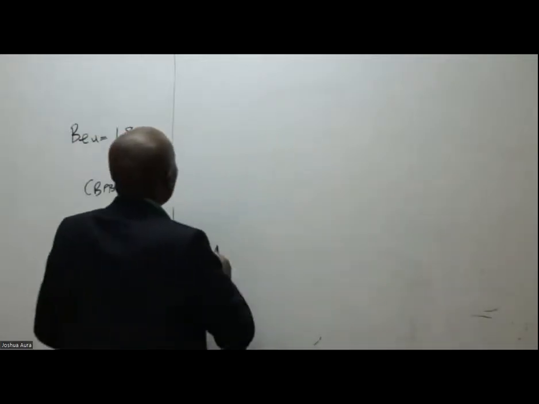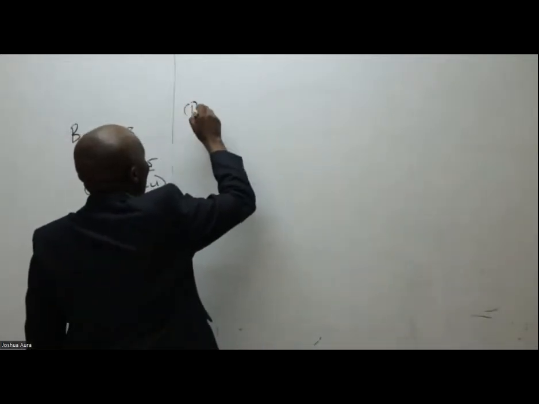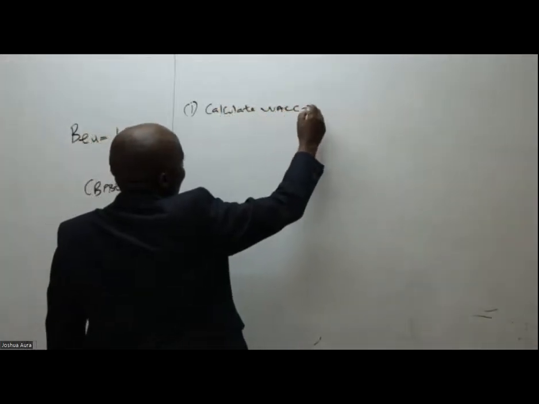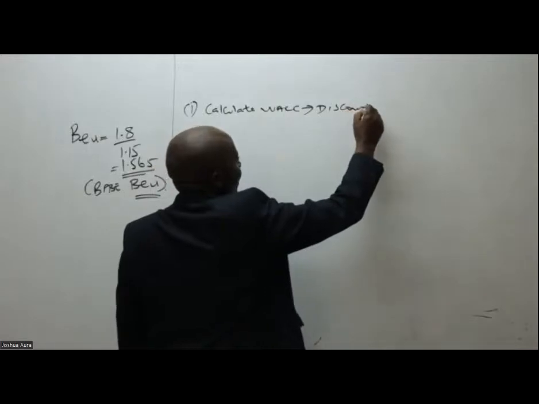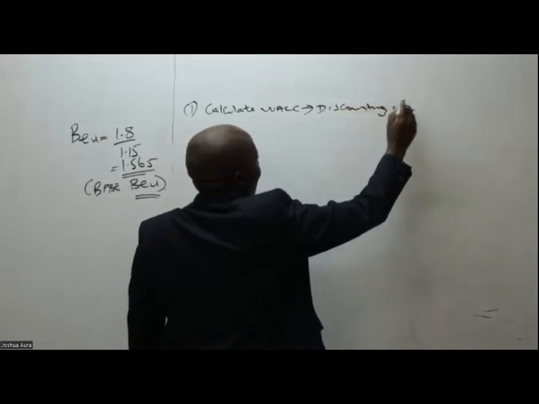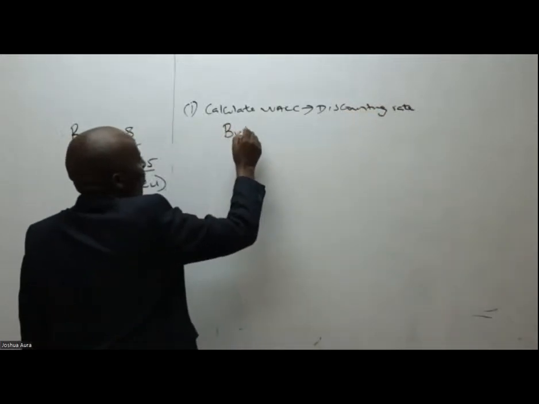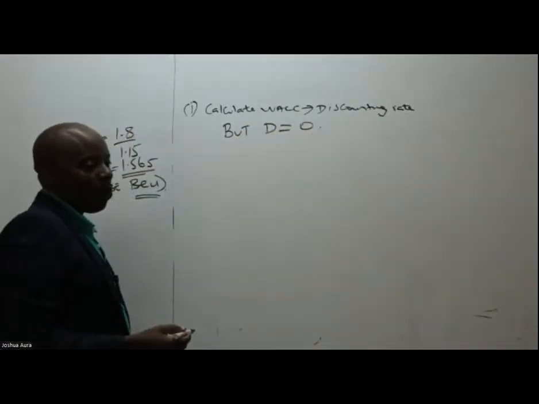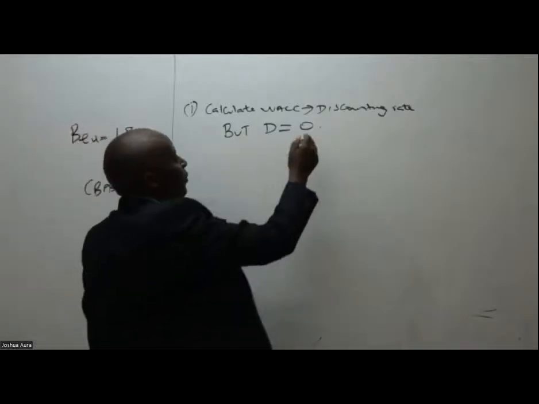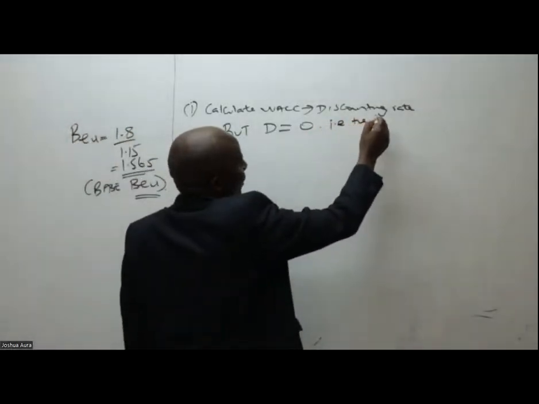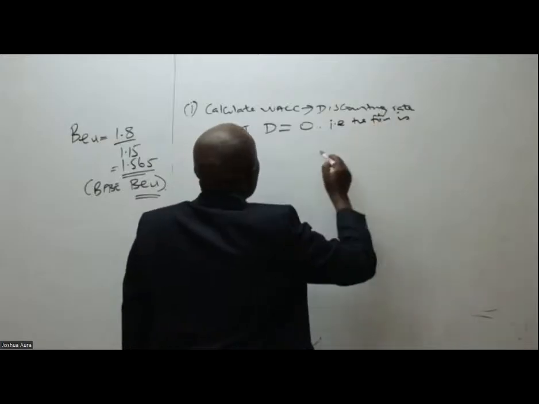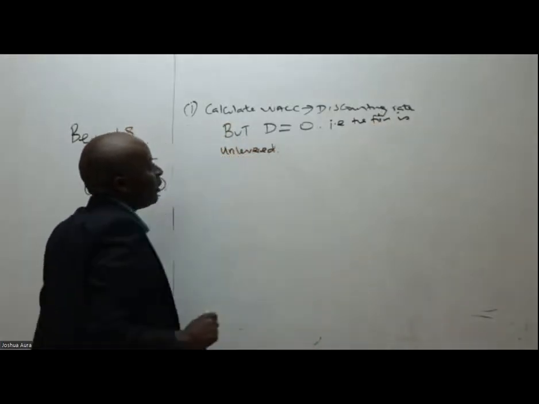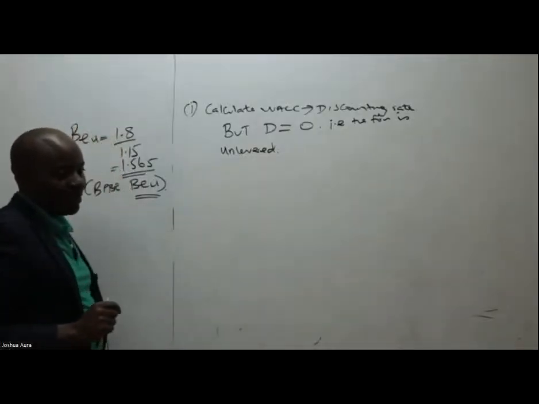So in this case here, go ahead, Roman 1, and calculate WACC. So this is our discounting rate. But remember your debt equals 0, i.e. the firm is unlevered.